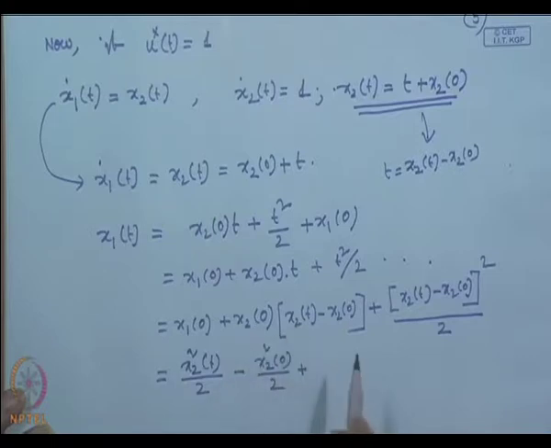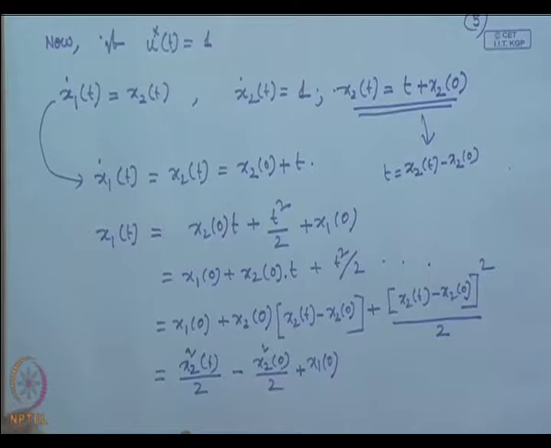So, let us write it, next this term is there, x 1 of 0. Now, see this one. So, that will be this into this. So, minus this into this, the minus x 2 square, but here is half. So, minus is coming, then x 2 0 into x 2 t, here is twice x 2 0 into x 2 t divided by 2, so 1.